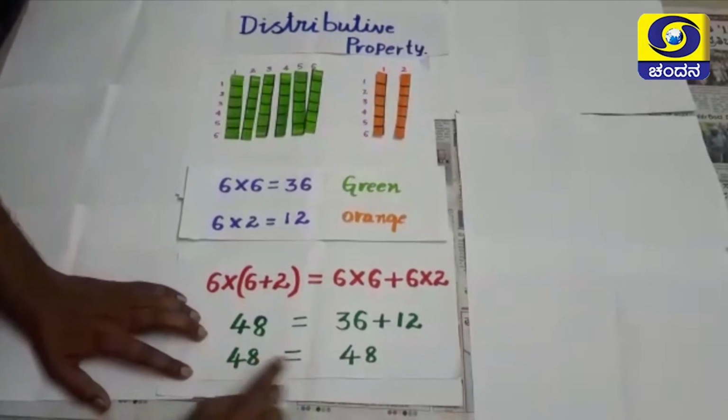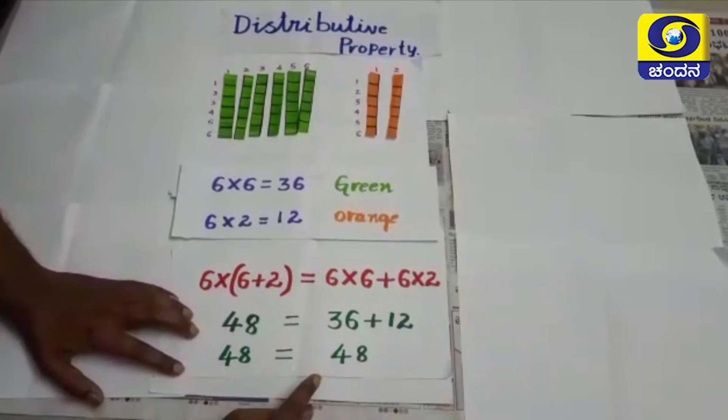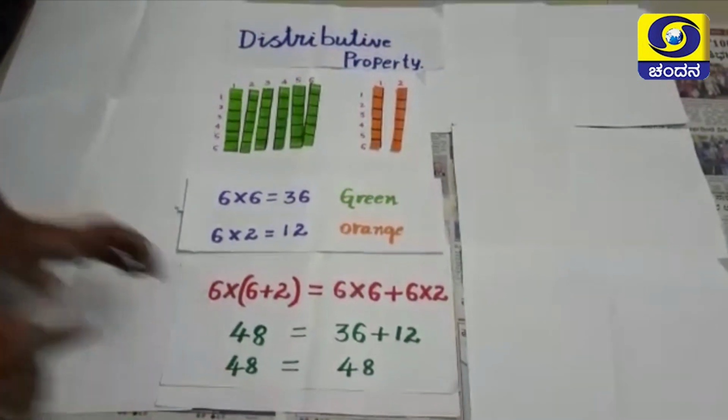So here LHS is equal to RHS, that is 48 is equal to 48, and 48 is also a whole number.